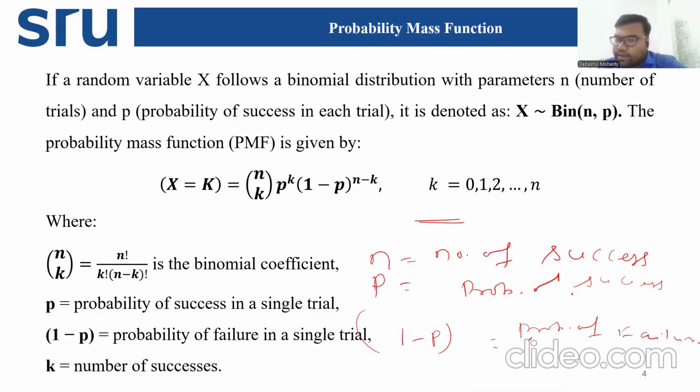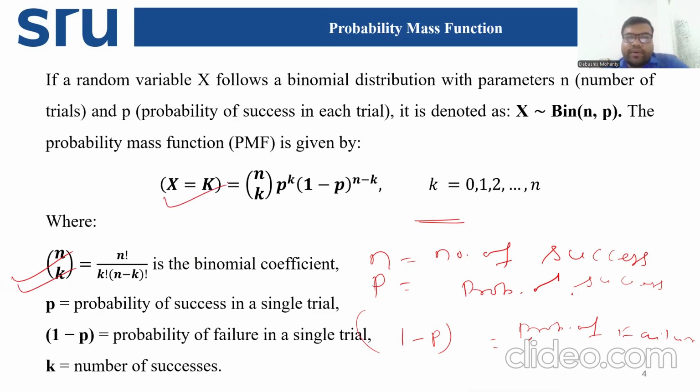Here nCk is the binomial coefficient we are considering, that is n factorial divided by k factorial times n minus k factorial. That formula is very important. So here we are taking this formula for X equal to k.